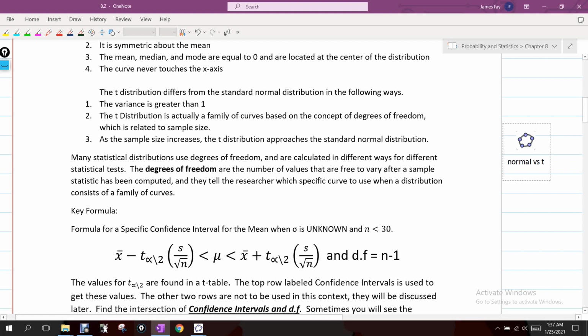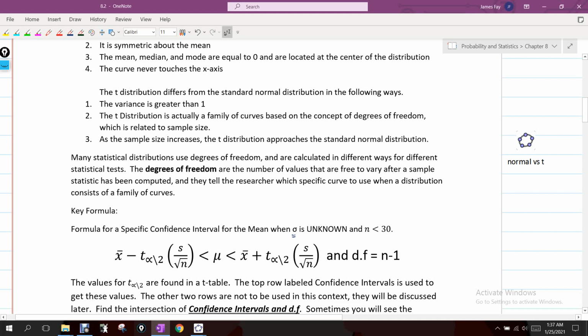And this is the situation when we're going to use this formula: when we're trying to find a specific confidence interval for a mean when the standard deviation of the population is not known and you're taking a sample less than 30.